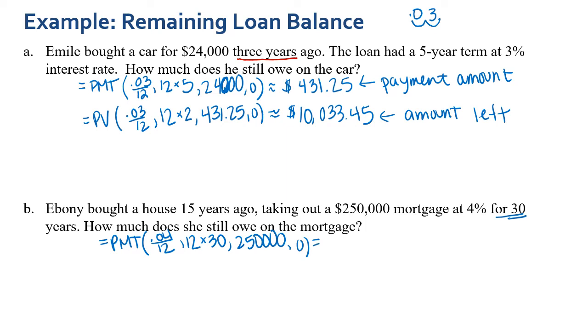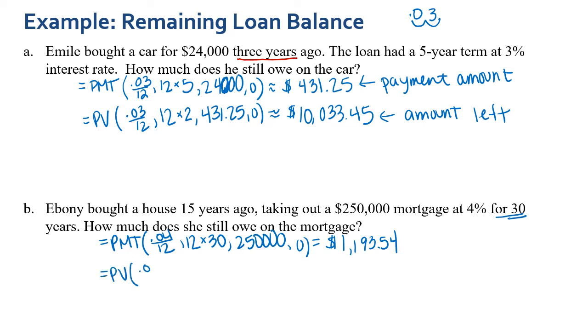And we get her mortgage payment is going to be $1,193.54. So her mortgage on a $250,000 house is $1,193.54. To figure out what she still owes after 15 years of payments, we use that PV formula.